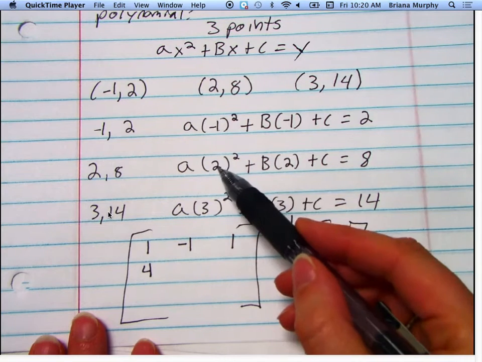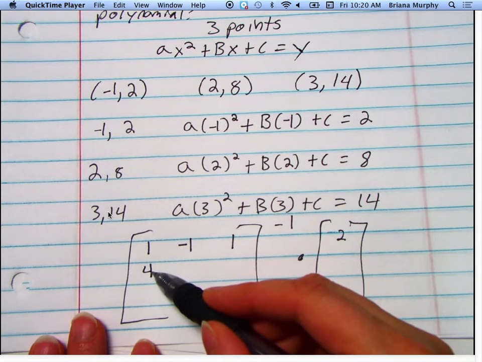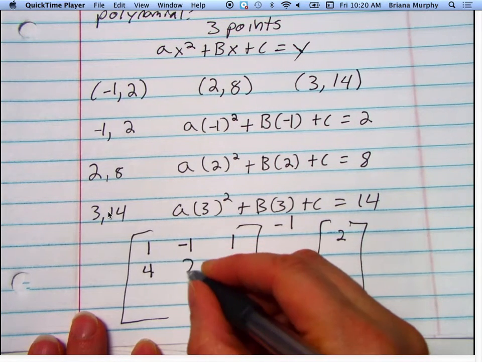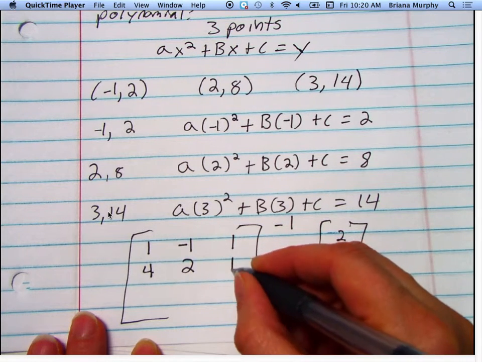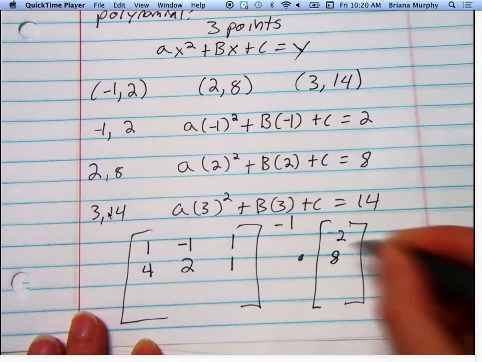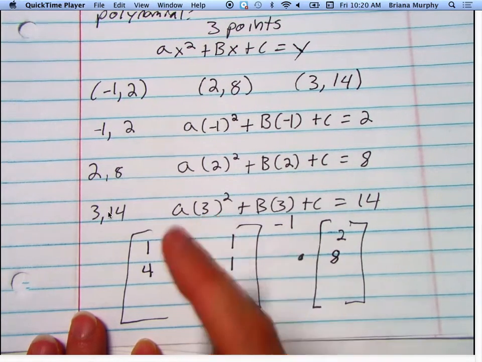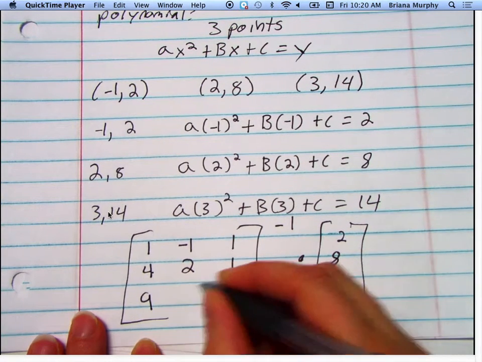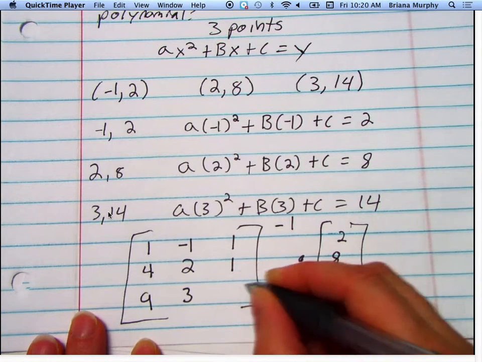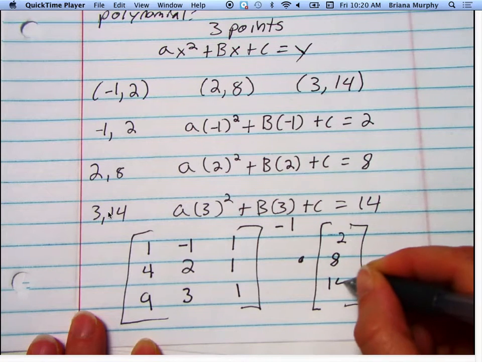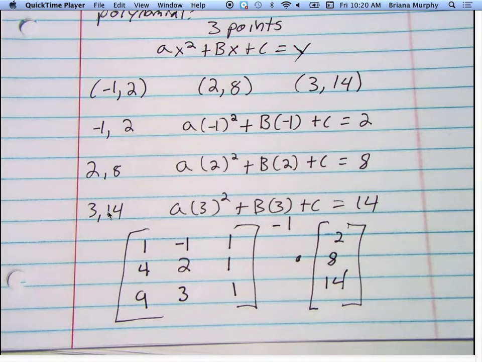So 2 squared is 4. And we put a 2, we put a 1, and we put an 8. 3 squared is 9, 3, 1, and 14. Any questions so far?